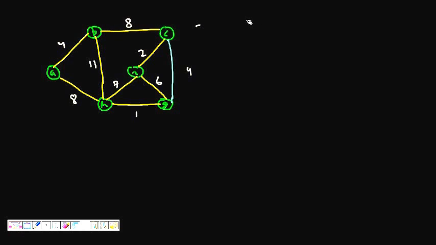So we have all the vertices A, B, C, G, H and I. We have 6 vertices, and for each of them we have their pi of u and key. These are the basic things that they will have.